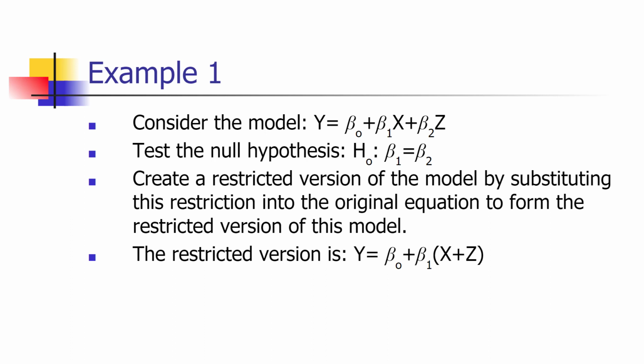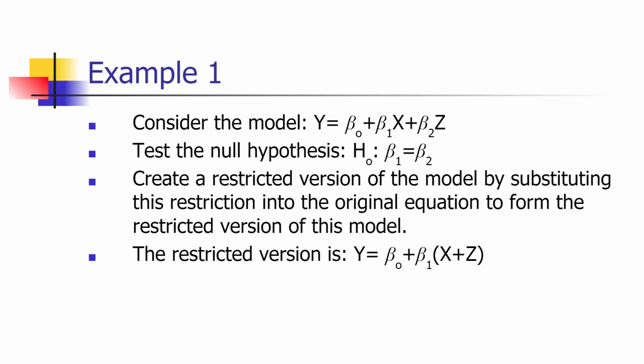Now, one thing that will happen is that if we have one restriction, the new equation will have one fewer independent variable on the right-hand side. If we have two restrictions, there'll be two fewer. So whenever we have some restrictions, we're going to end up with a restricted version of the model that has fewer variables on the right-hand side.